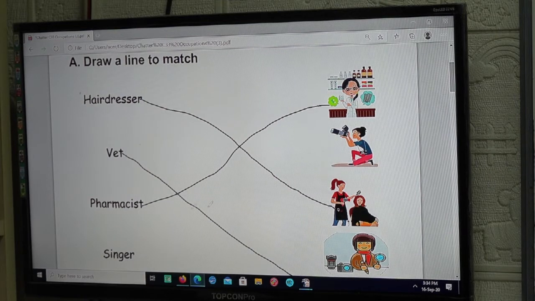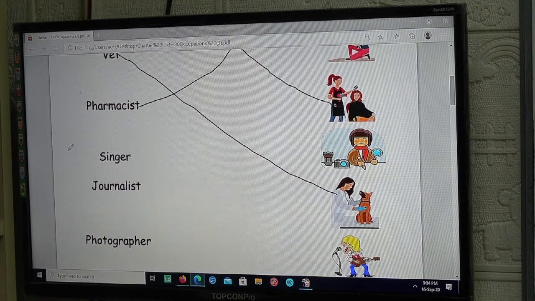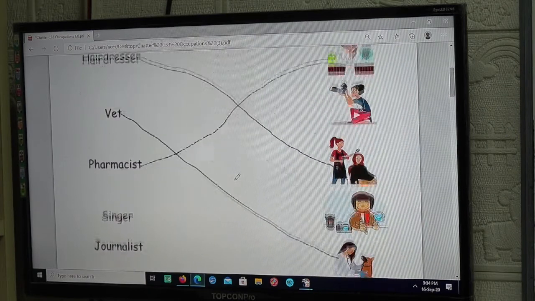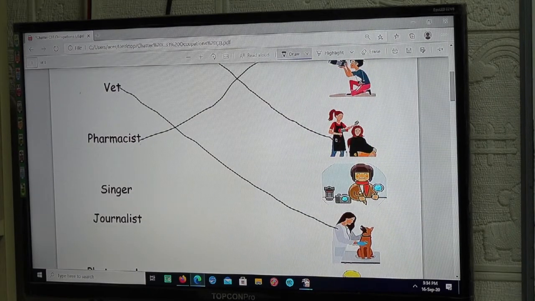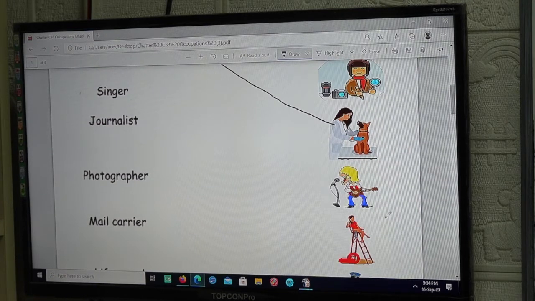The following one is the singer. So who's a singer? The one who takes photos, the one who collects information, or the one who sings? Yes, the one who sings. Here he is.